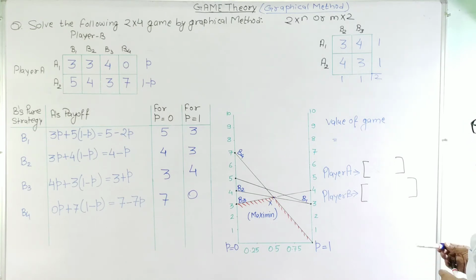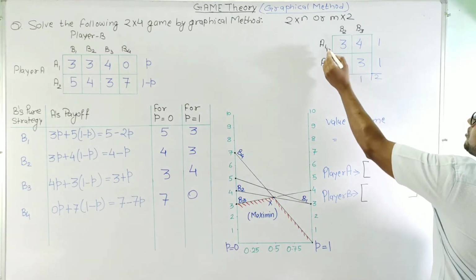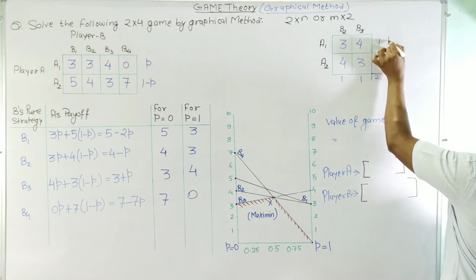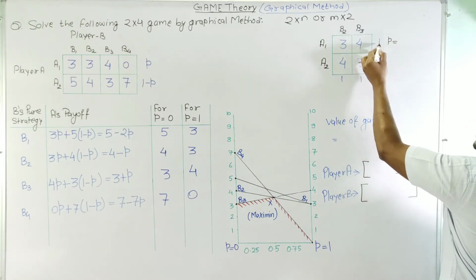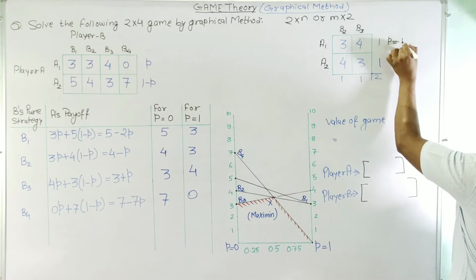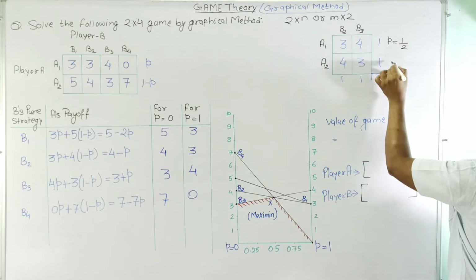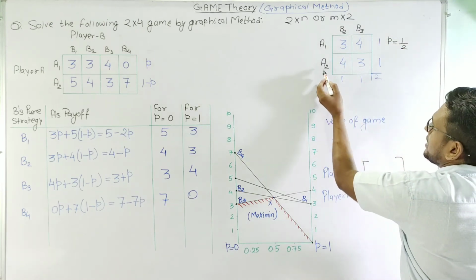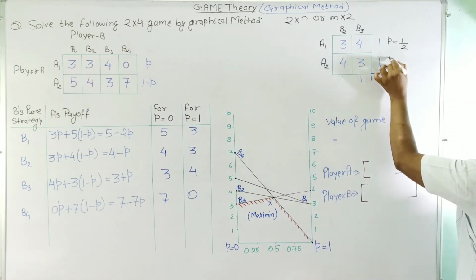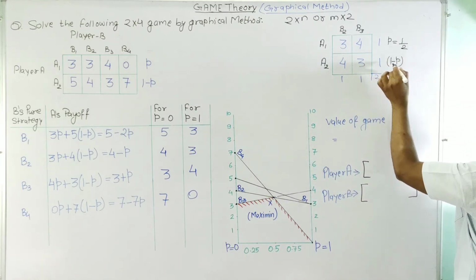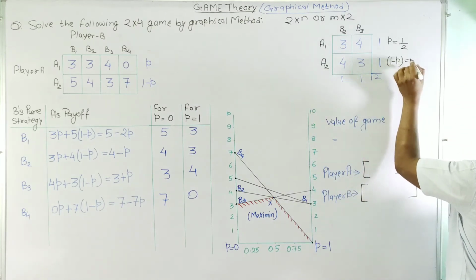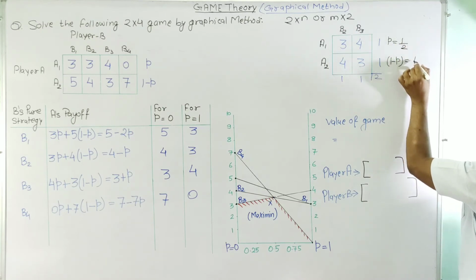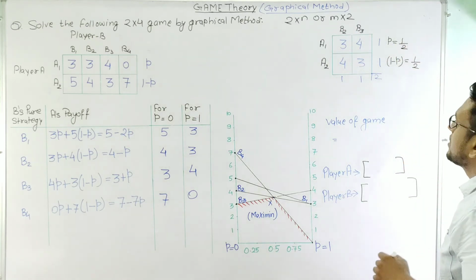Now let us find the probability. The probability of player A playing A1 is P, which equals 1 divided by 1 plus 1, so this is 1 by 2. Similarly the probability of player A playing strategy A2 is 1 minus P, which is 1 minus 1 by 2, equal to 1 by 2.